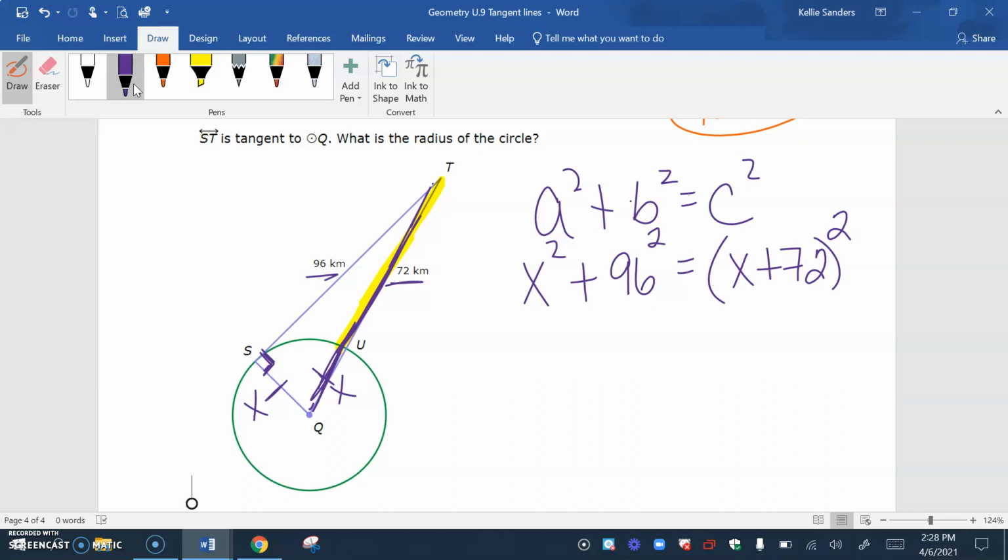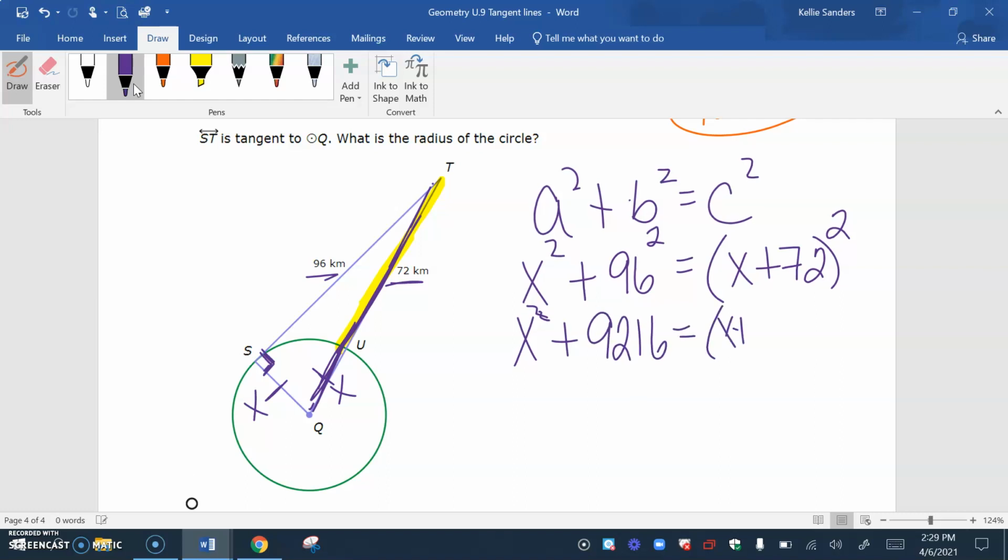I'm trying to think of a better way of doing it, but y'all. So x squared plus 96 squared, 9216, equals x plus 72 times x plus 72.